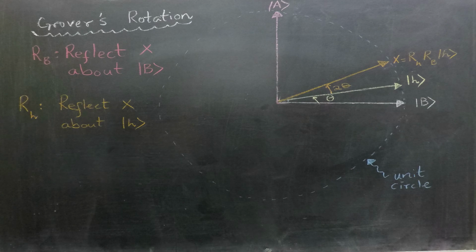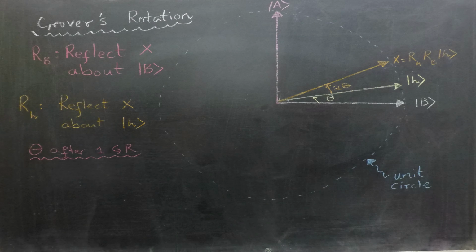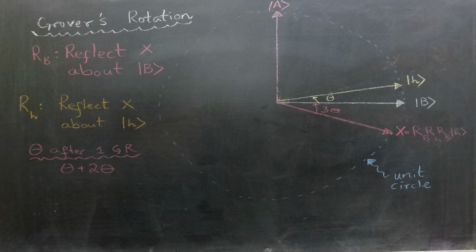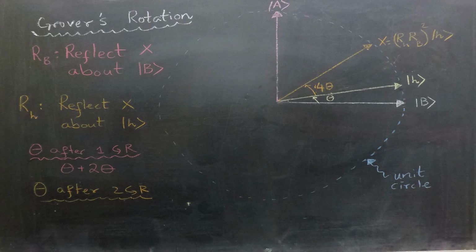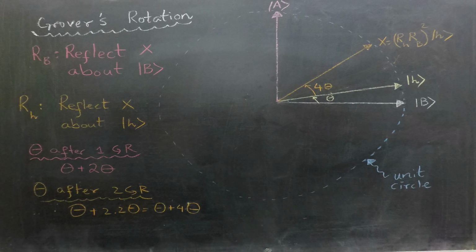If we measure our register X now, we may measure input from set A with a higher probability, as now our register X is closer to ket A. Note that after one rotation, our theta is changed to theta plus 2 theta. Similarly, after two Grover rotations, our theta is updated to theta plus 2 times 2 theta.